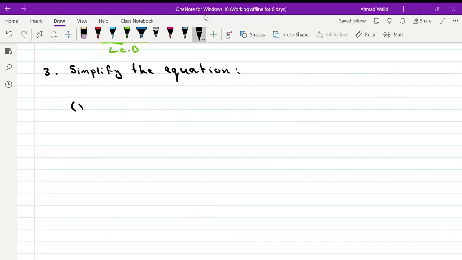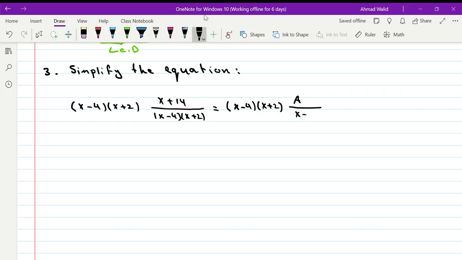You have x minus 4 times x plus 2 times x plus 14 over x minus 4 times x plus 2 equals, on the other side I have to multiply the same thing, x minus 4 times x plus 2 times a over x minus 4 plus x minus 4 times x plus 2 times b over x plus 2.